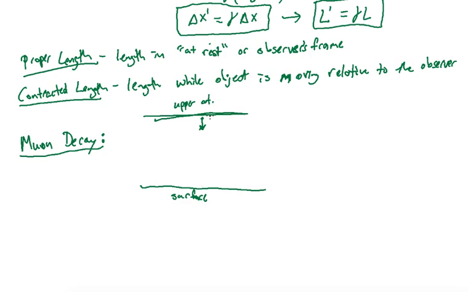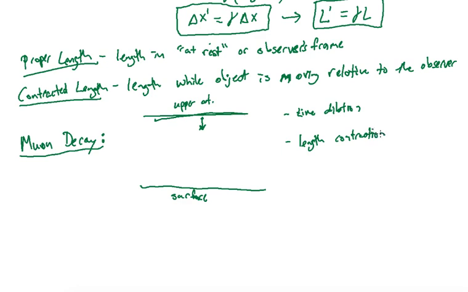From their perspective, they think, I'm not moving, but when they look at the atmosphere, its length is contracted. So to them, their half-life is exactly the same, but the distance they're traveling through the atmosphere is a lot smaller than it would be. So from our perspective, it's time dilation that allows them to make it. From their perspective, length contraction allows them to make it to the surface.